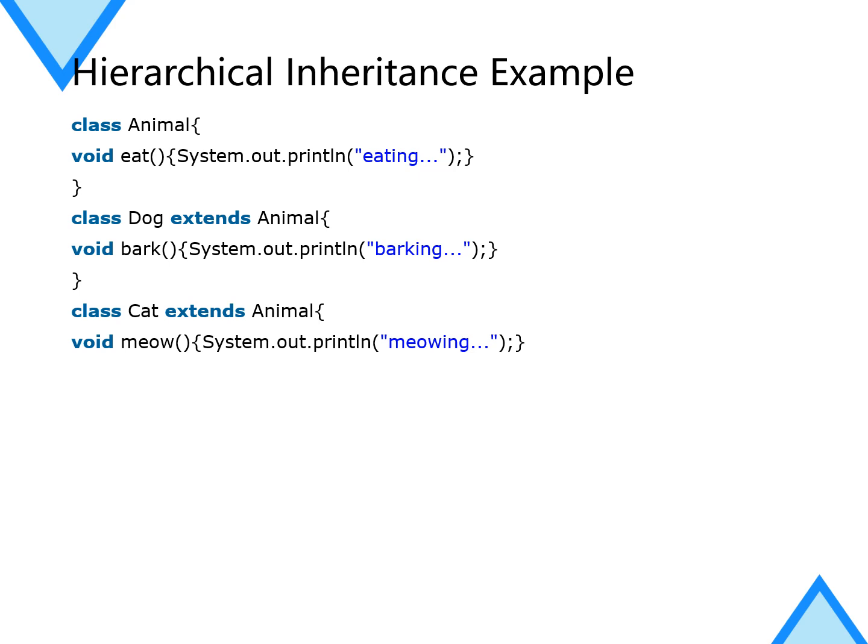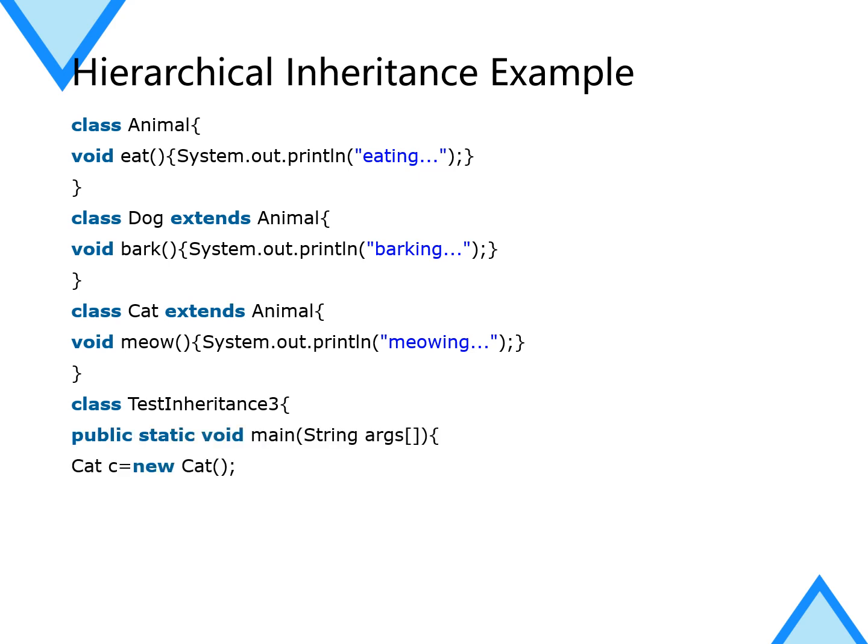And the dog class has the implementation of the bark method, printing a message barking, and the cat class has the method meow, and they are printing the message, the sound. Okay, we have TestInheritance3, and we will keep the file name TestInheritance3 because the main method is declared here.